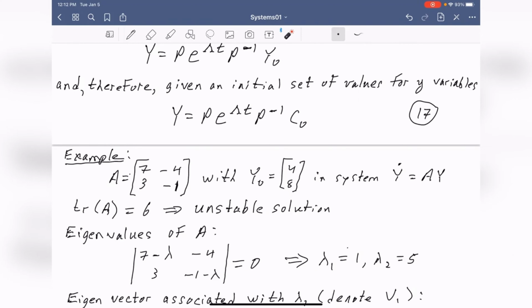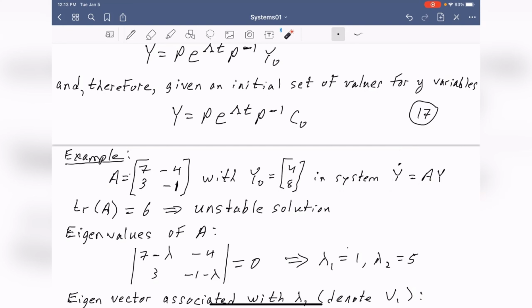A equals 7, 3, minus 4, minus 1, with y0 equal to 4 and 8. These are the initial conditions, and in system notation we get y dot equals A times y.